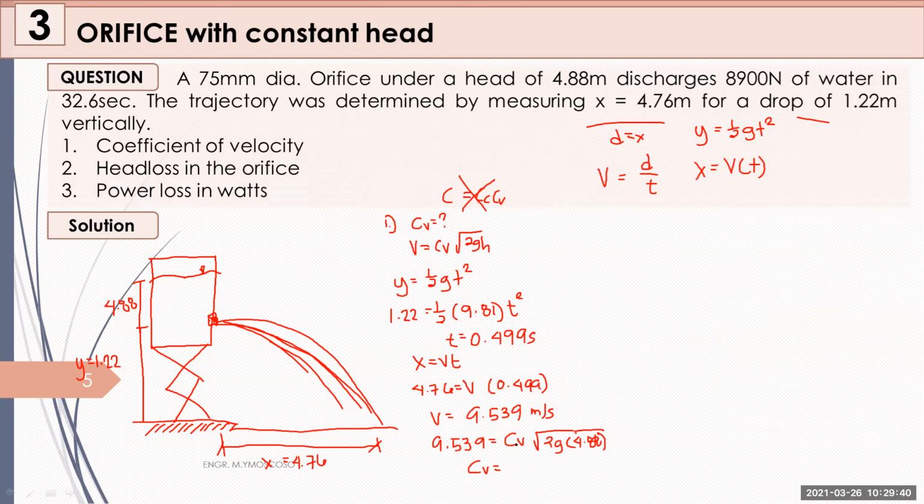So I guess our CV, that would be 0.975. So pa-confirm na lang yan. Okay? So let us go to your number 2. Sabi sa number 2, let us try to find the head loss of your orifice. Your head loss formula, that would be V squared over 2G times 1 over CV squared minus 1. Okay? So ilan yung magiging head loss natin?